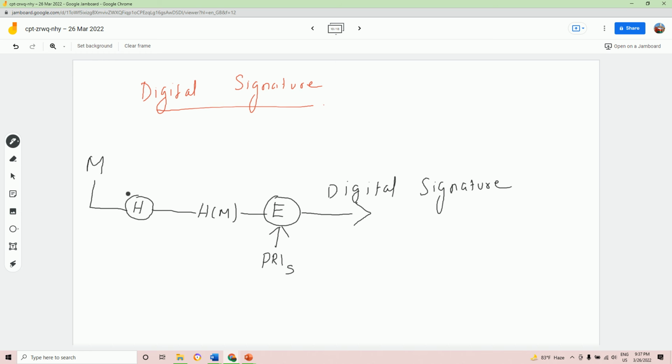So take the message, do the hashing, and the hash of the message is encrypted using the private key of the sender, and the output is the digital signature. The digital signature is used for non-repudiation as well as to check the integrity of the data.